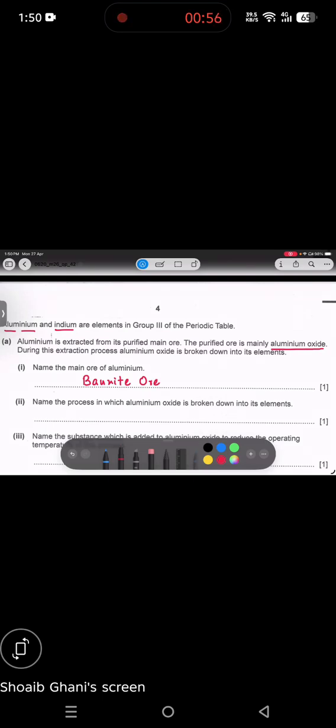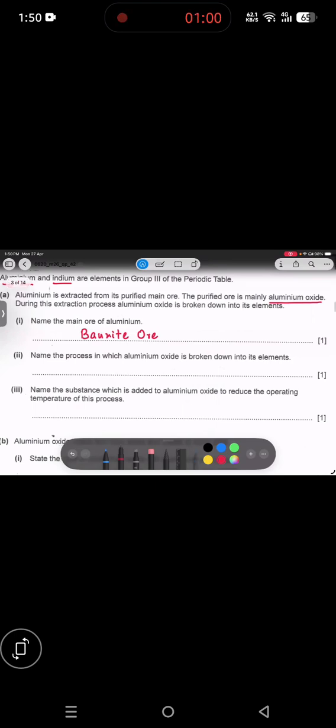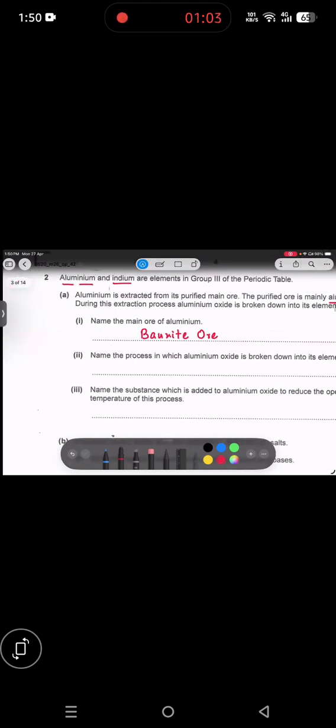Now the next one. Name the process in which the aluminium oxide is broken down. Let's recall the reactivity series here. In the reactivity series we have potassium, sodium, calcium, magnesium, aluminium. Then after that carbon is included here. Then zinc, iron, lead.